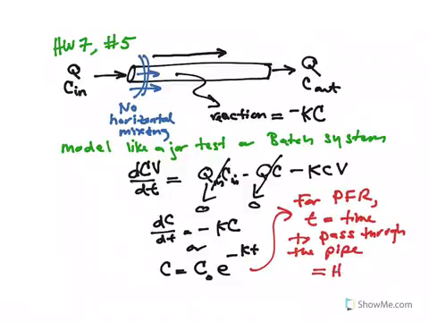Which is the hydraulic residence time of the plug flow reactor, which is equal to the length of the plug flow reactor times the cross-sectional area, divided by the flow. The cross-sectional area is right here. And x is the distance, that's equal to the length.